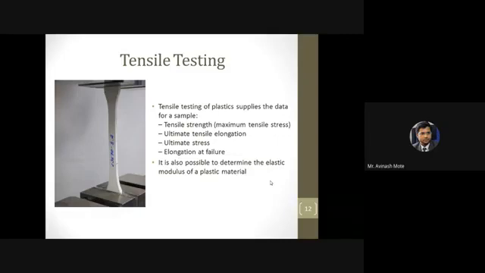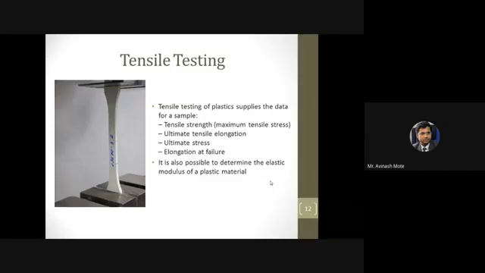But there is one more thing: engineering strain and true strain. In this tensile test we are considering engineering strain and not the true strain. This question is asked in GATE and in IES also. Engineering strain means you compare the change in dimension with respect to the original dimension.